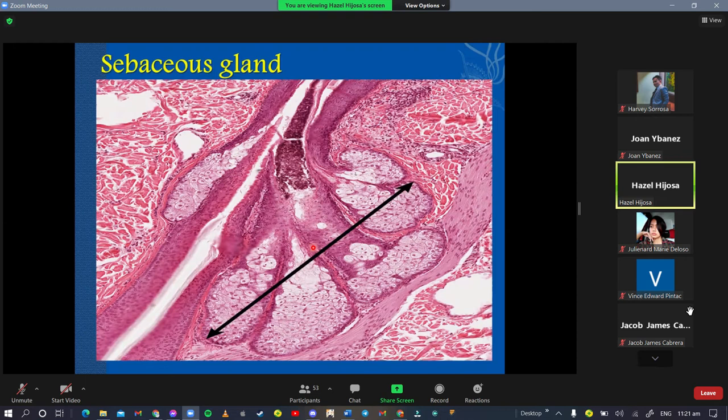Okay, and then since during puberty there is increased activity of the sebaceous glands, therefore there is increased production of sebum. This is in conjunction with an increase in the level of what hormone? Testosterone, Doc. What other hormones? Specifically, testosterone or your androgen.